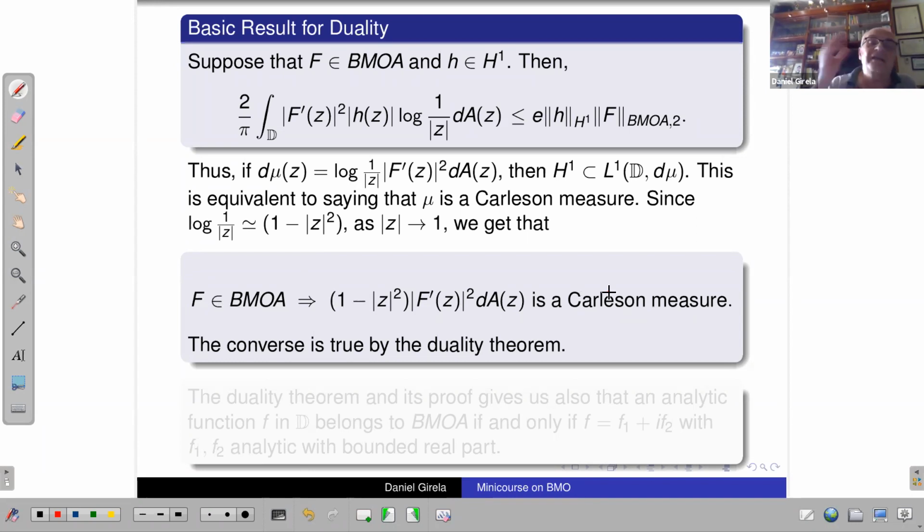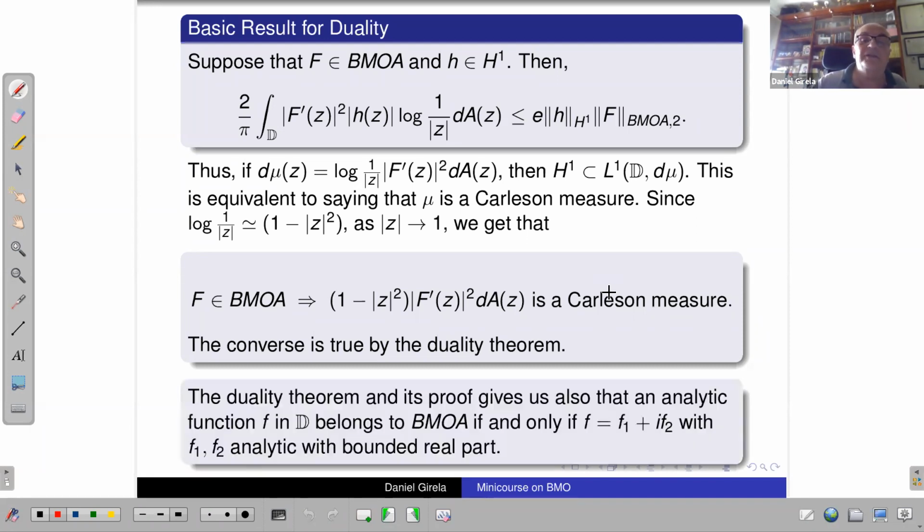I was very fast in what I call the easy part of the duality theory, but in the proof, what we actually proved is that the function f in BMO could be written in this form. So if one uses the duality theorem and looks at the proof of the first part, then we also obtain that a function which is analytic in the disk is in BMO if and only if it can be written as f1 plus i f2, with f1 and f2 with positive, bounded real part.